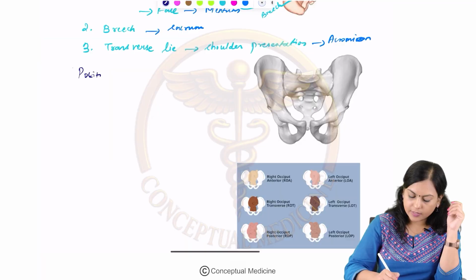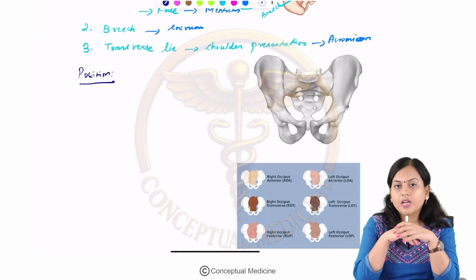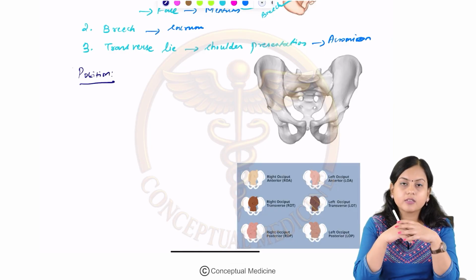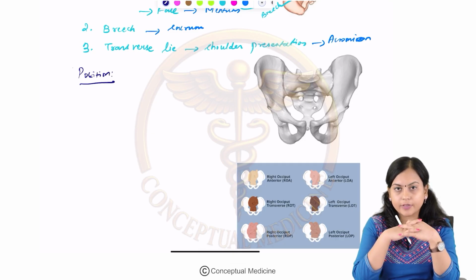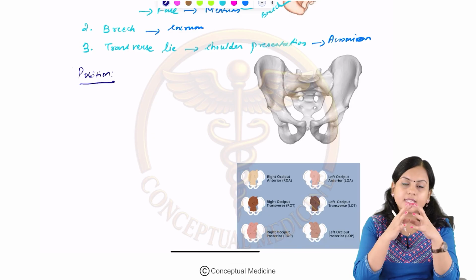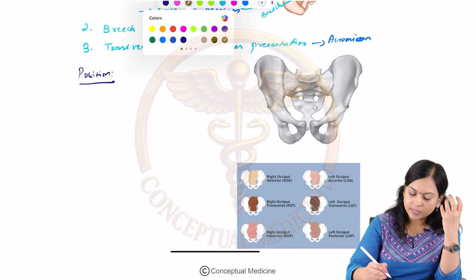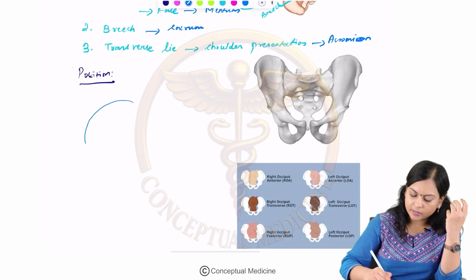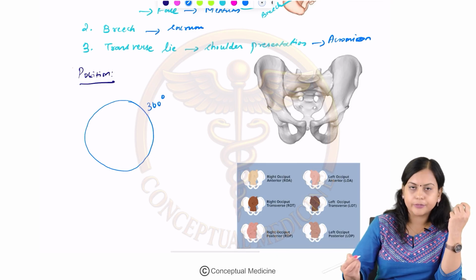Next we will see position. Defining the position of the baby in the pelvis is very important to consider what mode of management has to be done during delivery. Now basically, if you take a maternal pelvis, it is round like this. The outlet can be taken as a 360-degree angle.